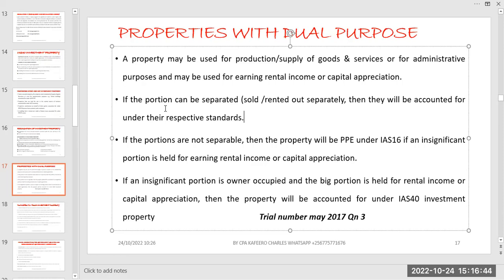Then the lower part, level 1 maybe and level 2, they are the ones we use for administrative purposes. Then what we do, we account level 3 and level 4 under investment property, and we account level 1 and level 2 under PPE because they are used for administrative purposes.